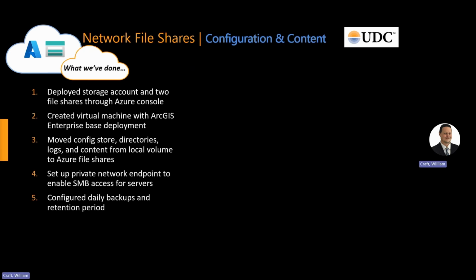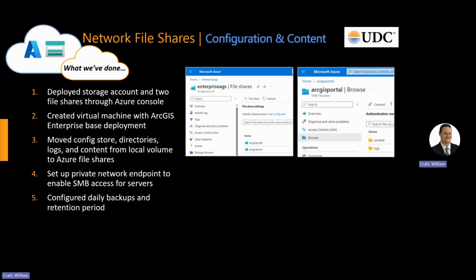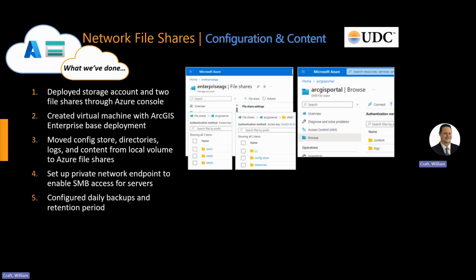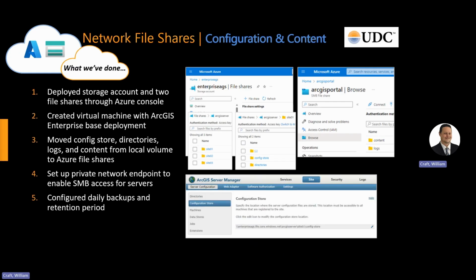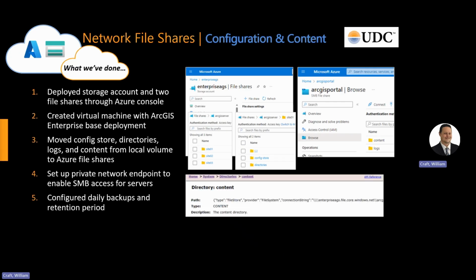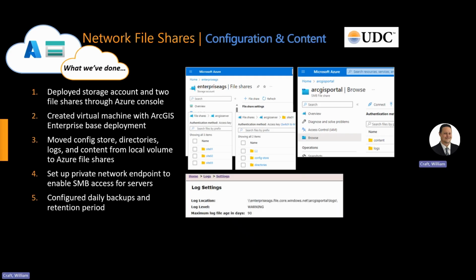We created an ArcGIS Enterprise-based deployment within Azure and moved the ArcGIS Server config store and directories, as well as the portal content folder and logs, to file shares under an Azure storage account. Doing this allowed for the file shares to be concurrently accessible by multiple nodes.